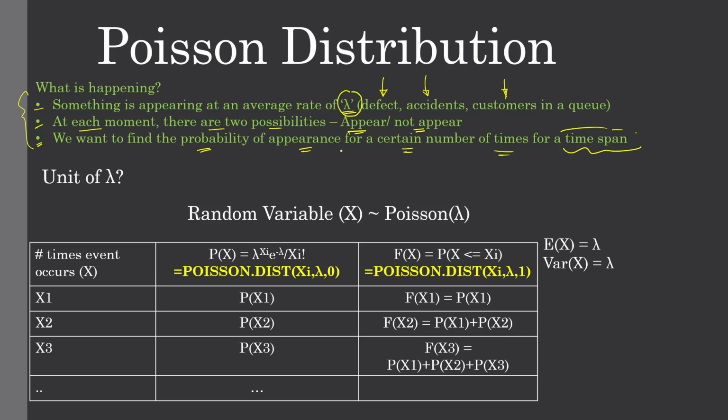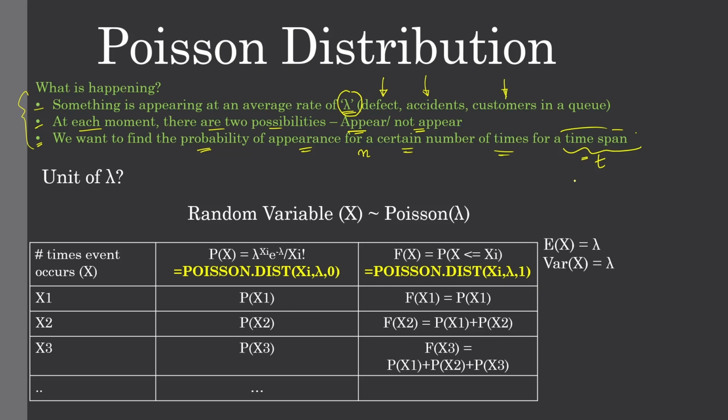So this defect rate is lambda, then what is the probability that a certain number of defects will appear for a given time span t? So that is the problem we are trying to solve.